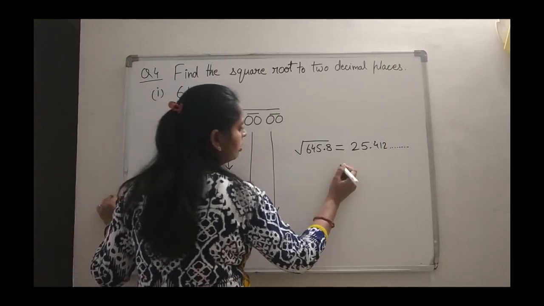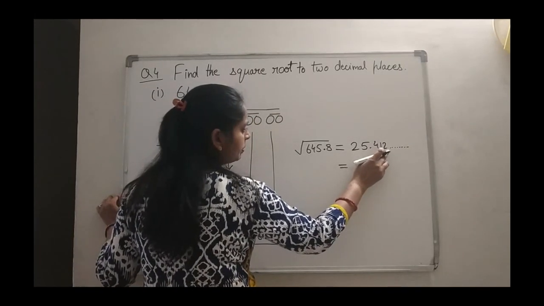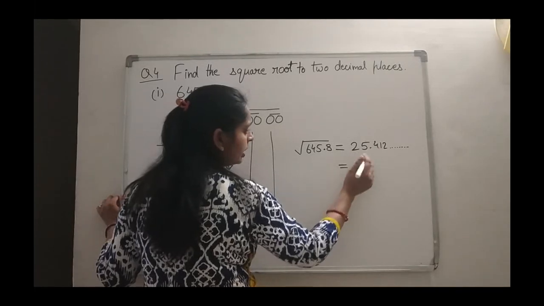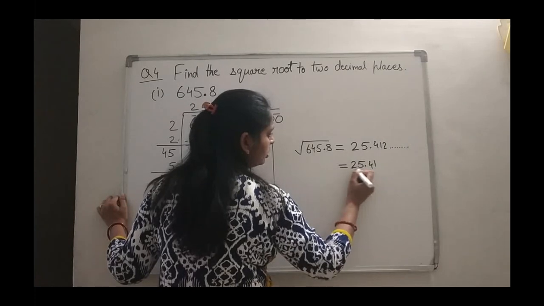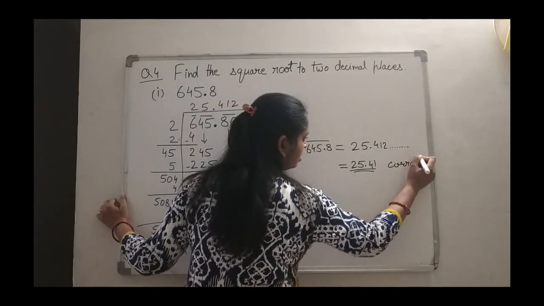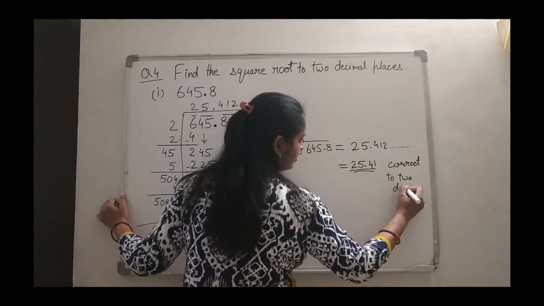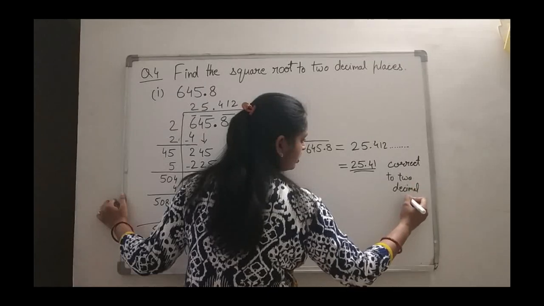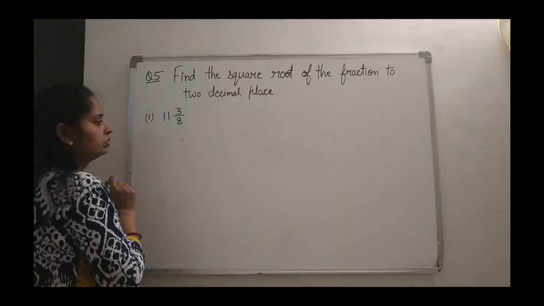So we'll round off the third place. 2 is there, which is less than 5, so it will be approximately correct to 2 decimal places if we write it. So this will be the answer, correct to 2 decimal places. Okay. So in this way we have to do the square root.